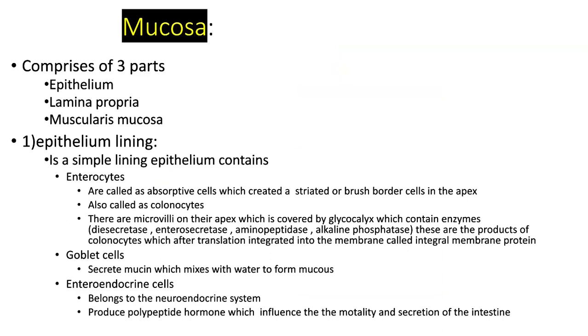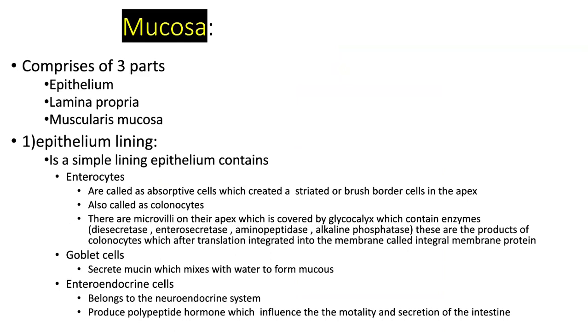It contains simple epithelium, and it has some types of cells. There are three types of cells found only in the epithelium: enterocytes, goblet cells, and endocrine cells. Enterocytes are also called absorptive cells, striated or brush border cells, also called colonocytes.